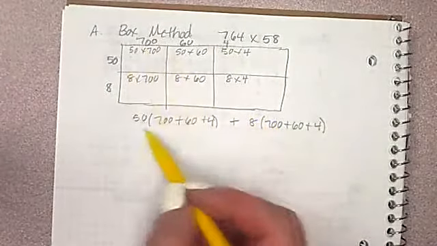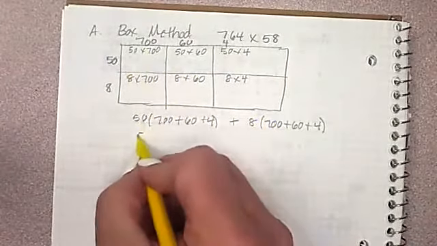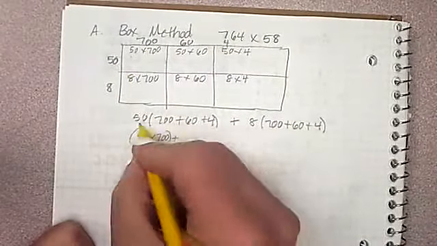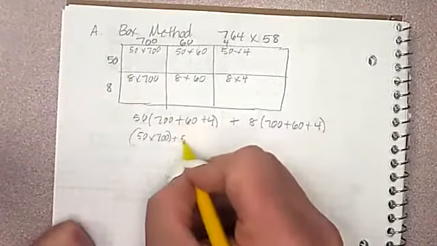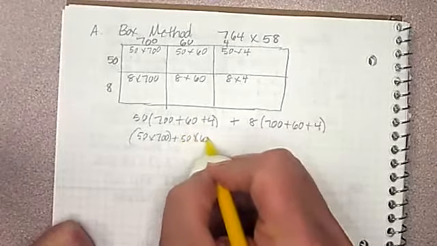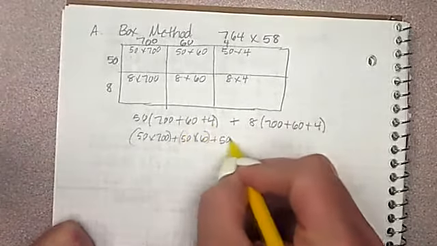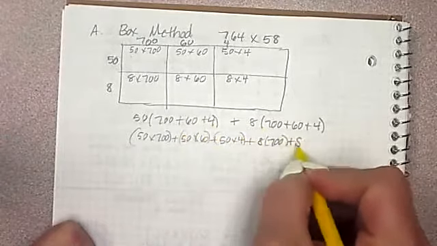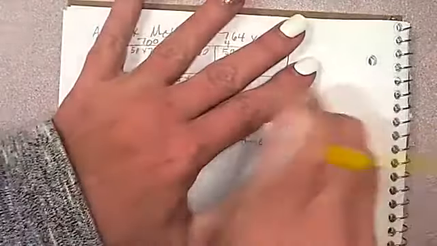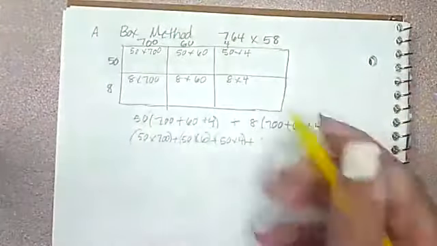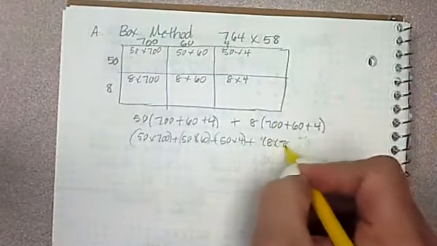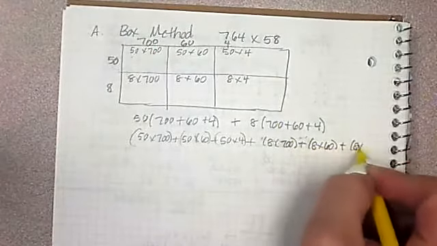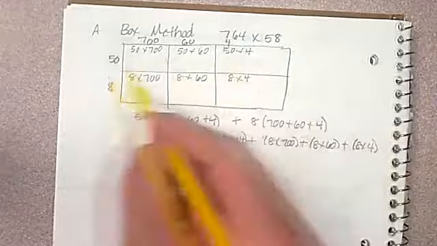So this is 50 times 700 plus 50 times 60 plus 50 times 4 plus 8 times 700 plus 8 times 60 plus 8 times 4. And then we can multiply and add all those up.